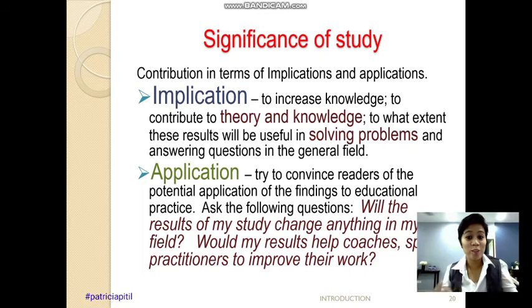Of course, you want to solve the problem. So you put in the contribution of your study in the proposal. You have to put the contribution of your study in the implication. Implication is to increase knowledge, to add extra knowledge, to contribute to the theory, and to what extent the results later on will be useful in solving the problem.